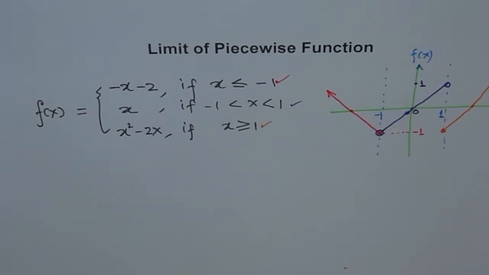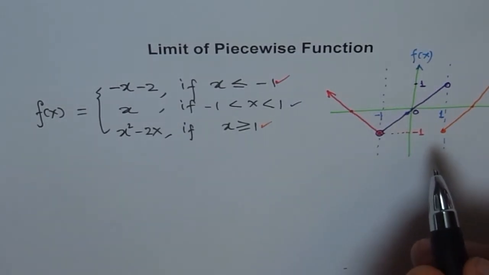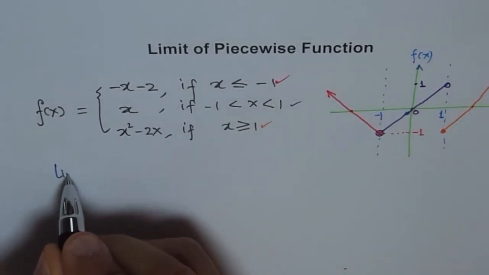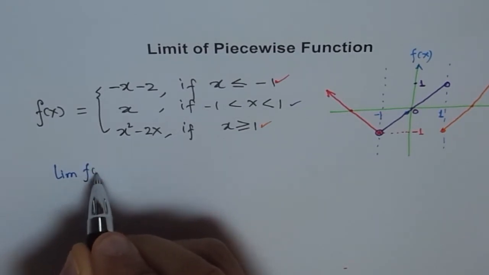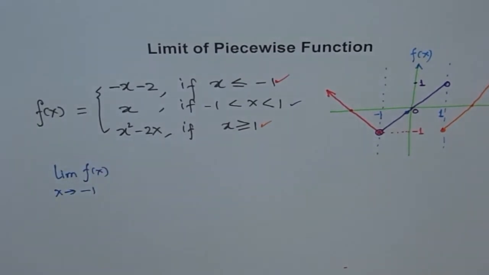And now let's look into the question, what are we asking for? Let me do it right here for you under this diagram. Let's try to find out the limit of the function f of x as x approaches minus 1. So let's say you have to find this first.